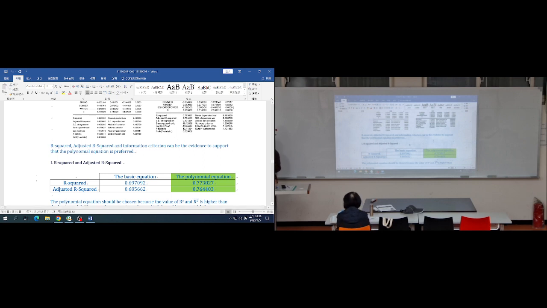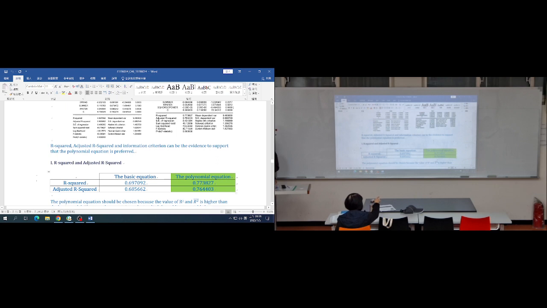Close to 1? What is close to 1? R square close to 1?